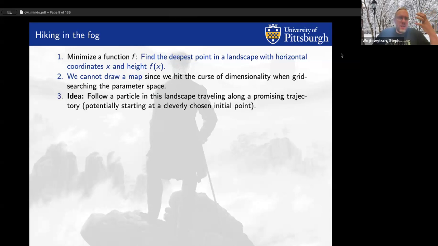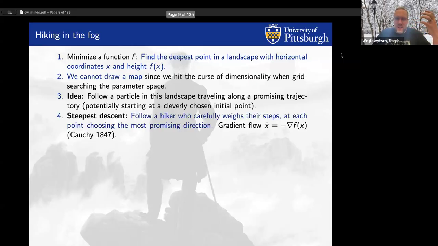So instead, we choose to not explore the entire parameter space, but only regions that look promising to us. And the general idea that I'm going to follow is to have a particle or person in this landscape who is traveling along a direct trajectory that is supposed to take them to the right places.